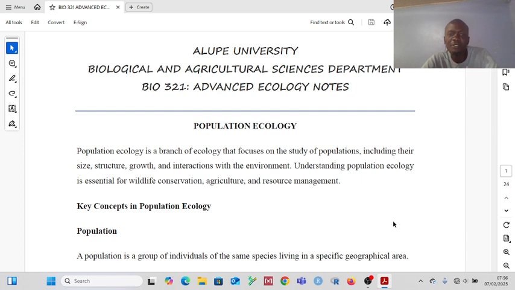So population ecology is a branch of ecology focusing on the study of populations. When you study these populations, you look at their size: how many are they in a given environment? What is their structure, how can you divide them up, how many males, how many females, how many old, how many young, how many tall, how many short? That is structuring.